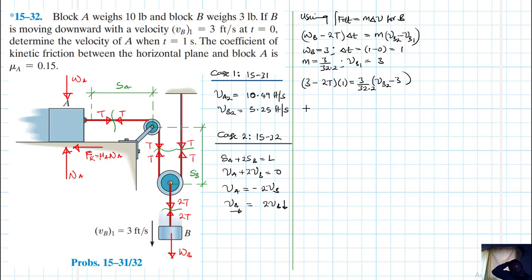Therefore, this just becomes VB2 equal to 35.2.